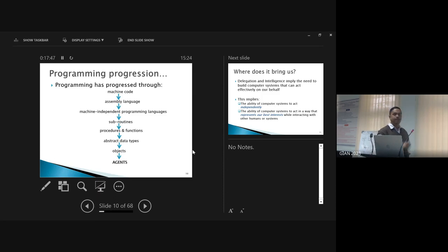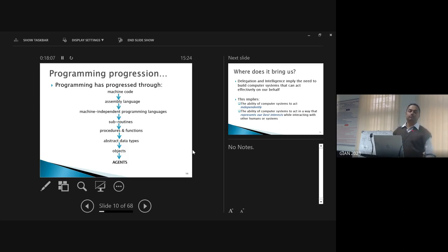And then you have the object. And finally, we are targeting from the object to the agent system, where an agent is more like an autonomous system. So one is the object, and parallelly you are thinking of the agent system.